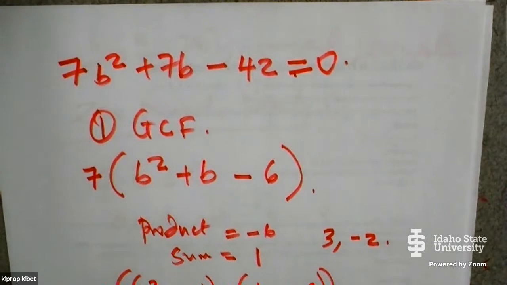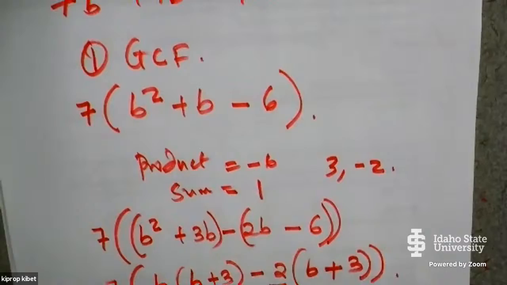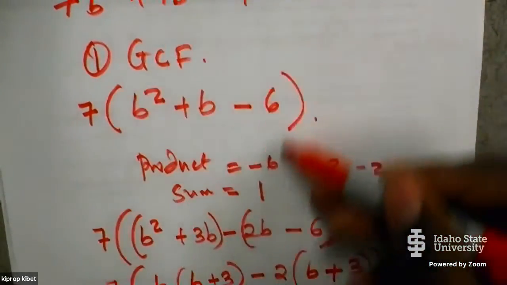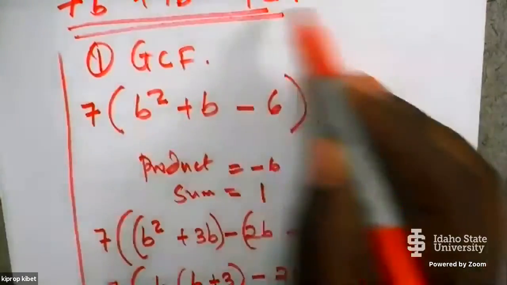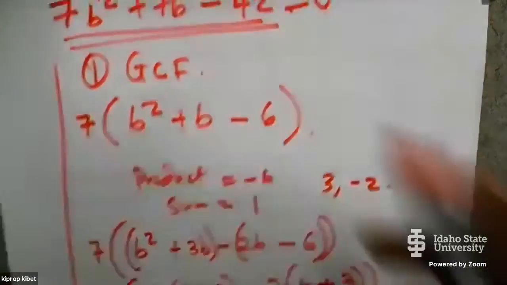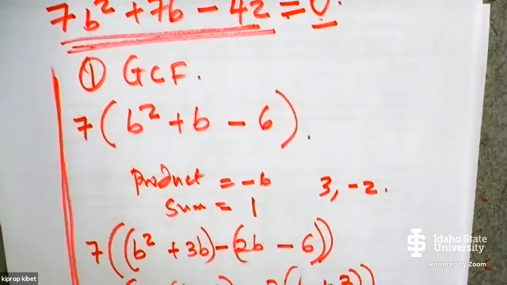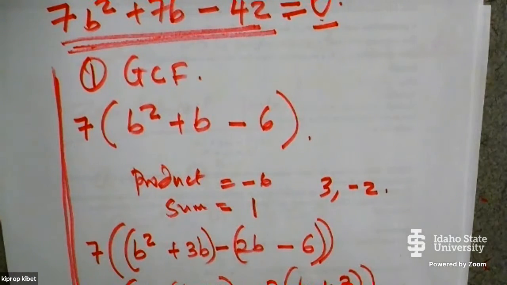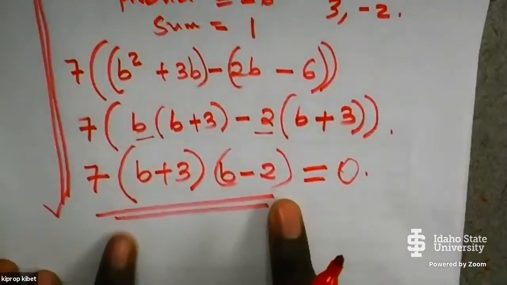So you use the steps that we've just written to factor this one. You need to make sure the other side is equal to 0, and then you start factoring this using all these steps. The last one is equal to 0.